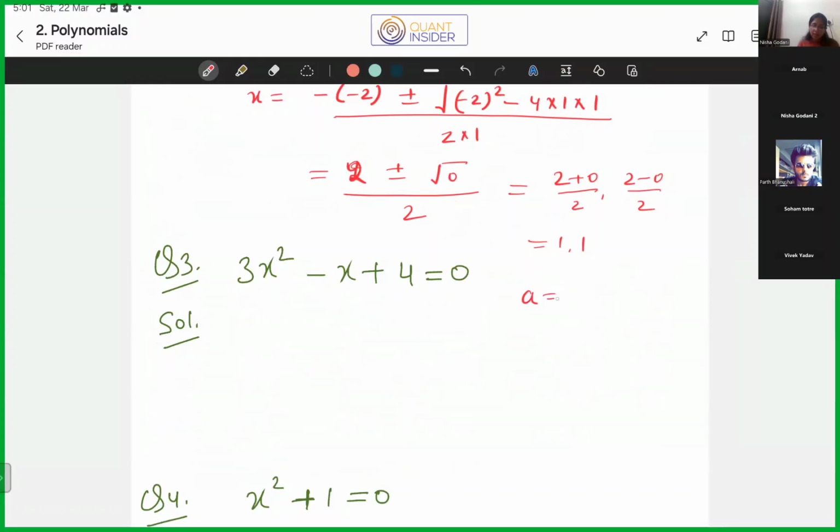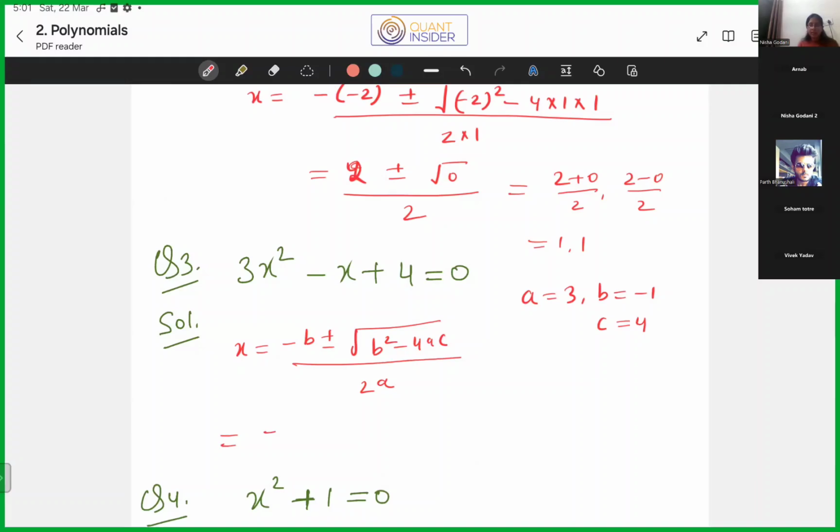Here you have a equal to 3, b equal to minus 1, and c equal to 4. You have to apply the formula. What is the formula? Minus b plus minus under root b square minus 4ac upon 2a.